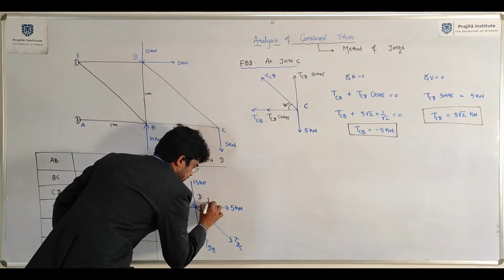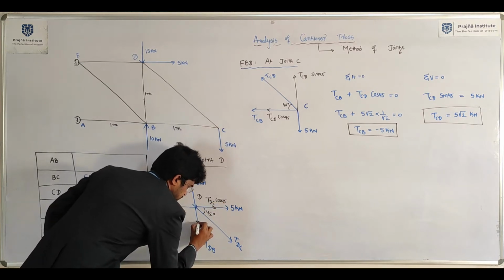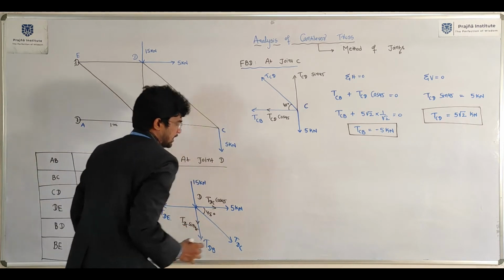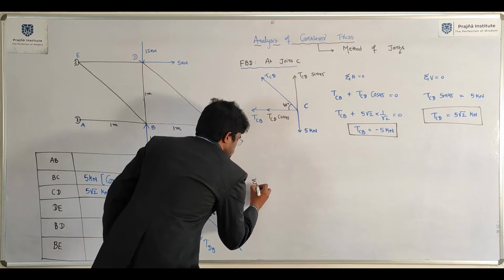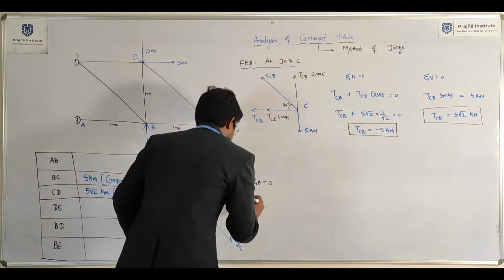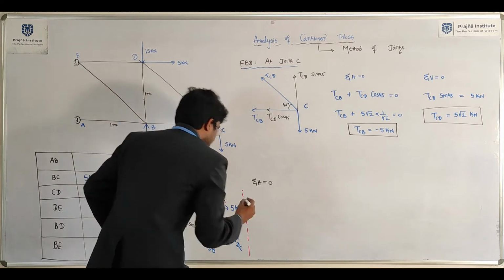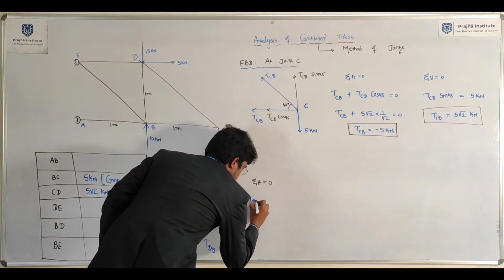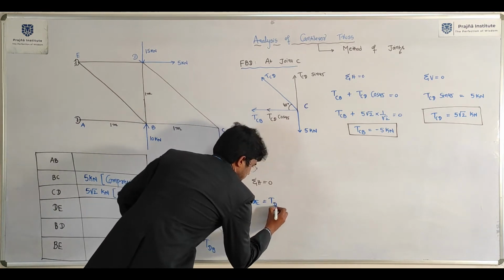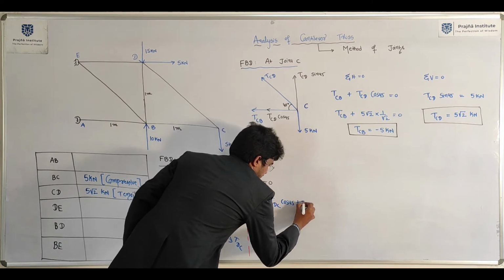Then just resolve it. TDC cos 45, TDC sin 45. Okay, sigma H equals to 0. In that case, what will you get, tell me? TDE equals to TDC cos 45 plus 5 kilonewton.